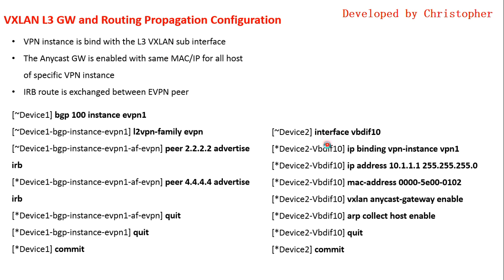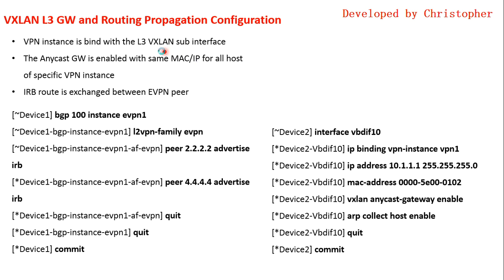So as you can see here, it will be configured with the IP address and VPN MAC address. This is the Anycast Gateway.